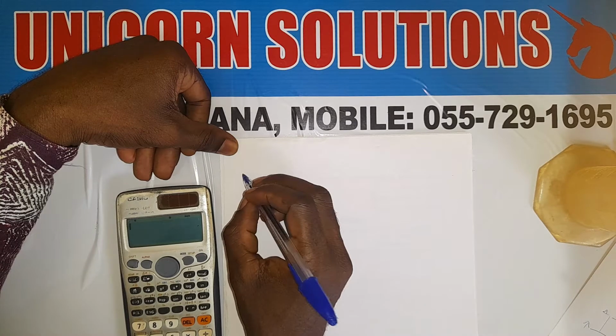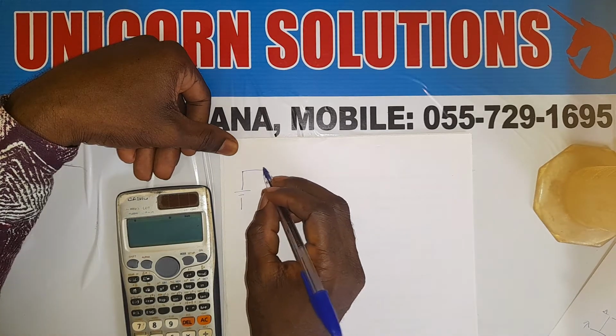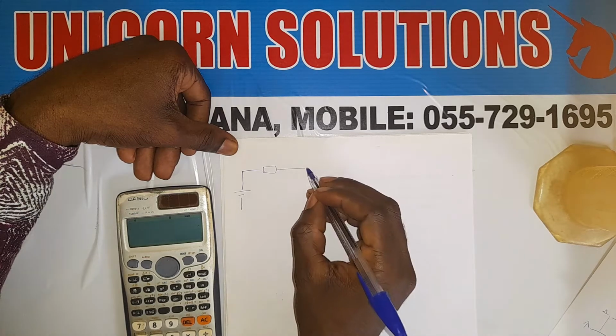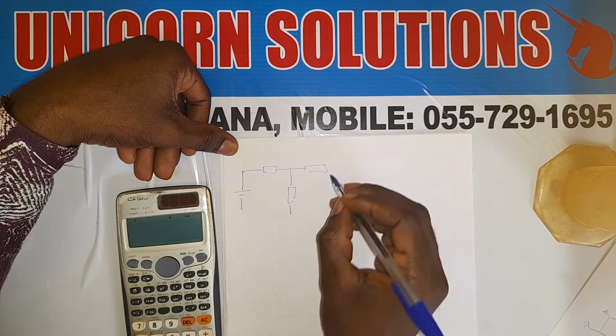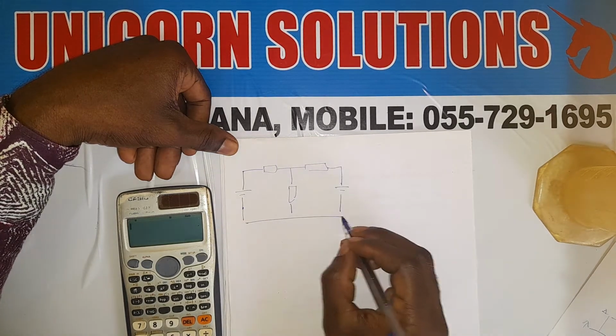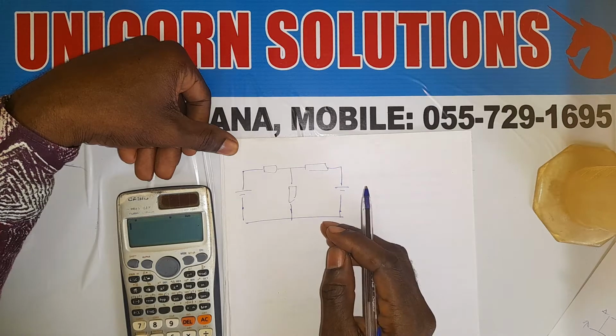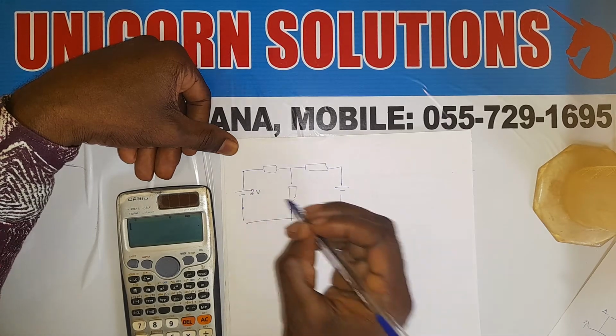So let's say we have a circuit with two sources. So let me put another resistor here. Then we have our two sources this way. Now, let's say I have 3 volts here.